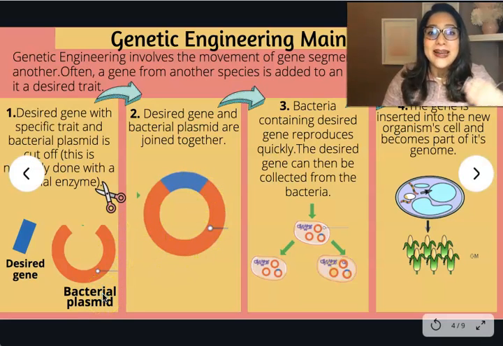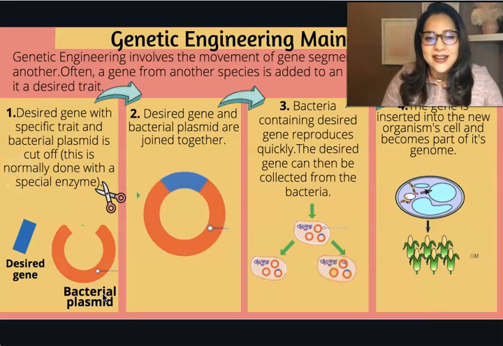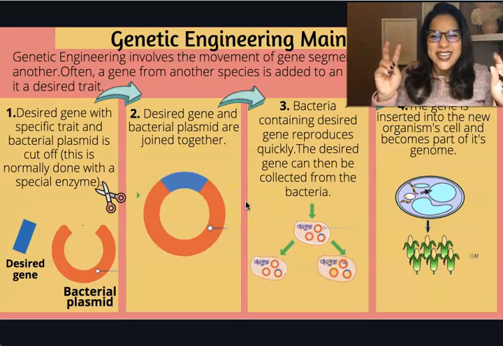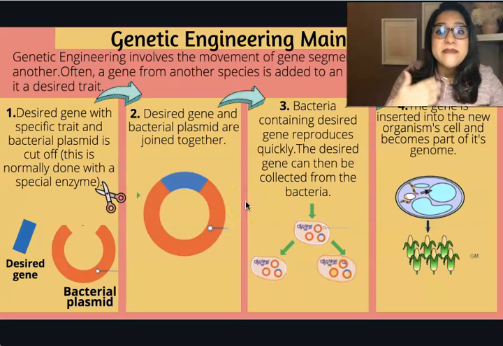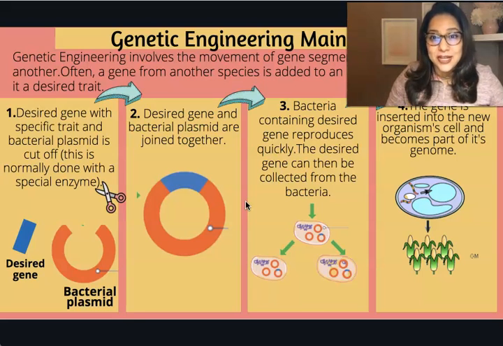Now, we want to make lots of copies of this gene. And so we actually use bacteria as our, I would say, factory to produce many of these genes. We know that bacteria reproduce asexually and they do it relatively quickly. So we're going to take bacteria containing the desired gene and let it reproduce, right? And then we're going to have that desired gene that can then be collected from the bacteria.